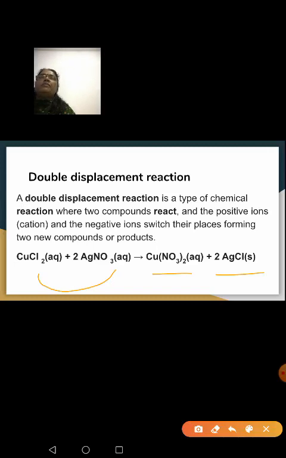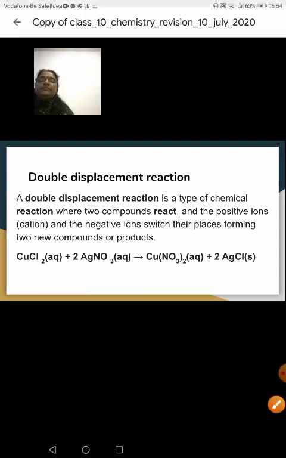Remember this form: the positive and negative ions of the compounds on the reactant side swap their places, forming two new compounds or products. This is an example of a double displacement reaction.